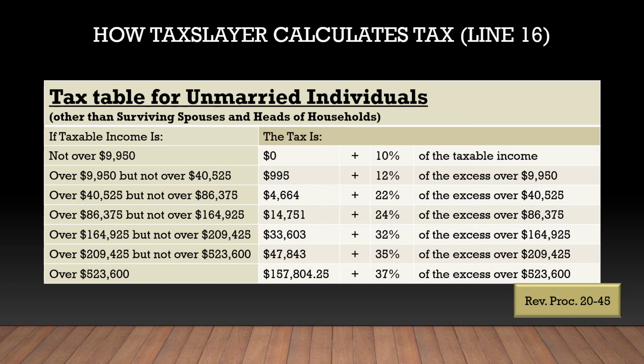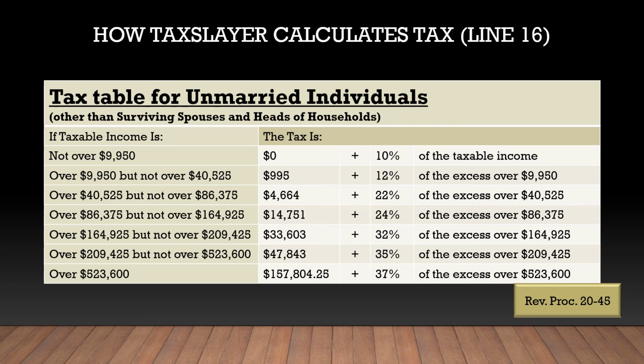And then on the right, we have a calculation, "the tax is," and you'll notice that there's a base dollar amount, and then there's a percentage that is calculated on the amount of income over the lower portion of whatever tax bracket our taxpayer is in.